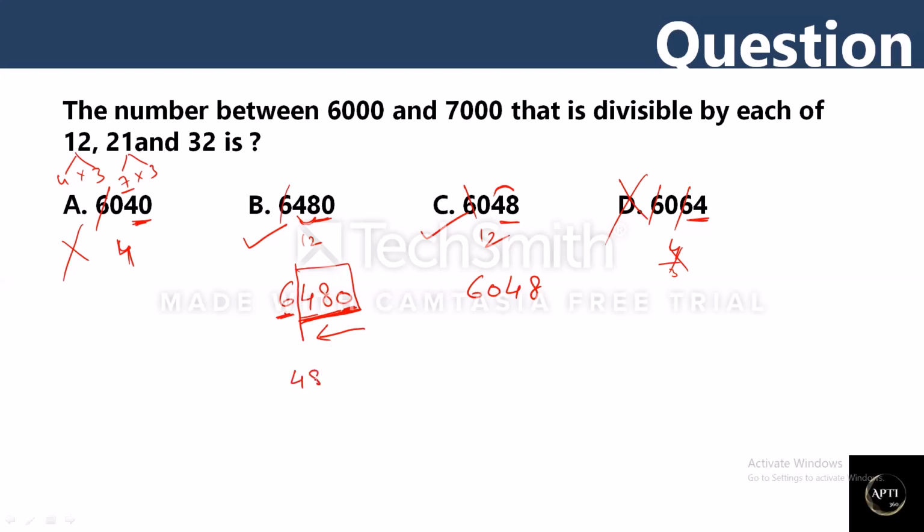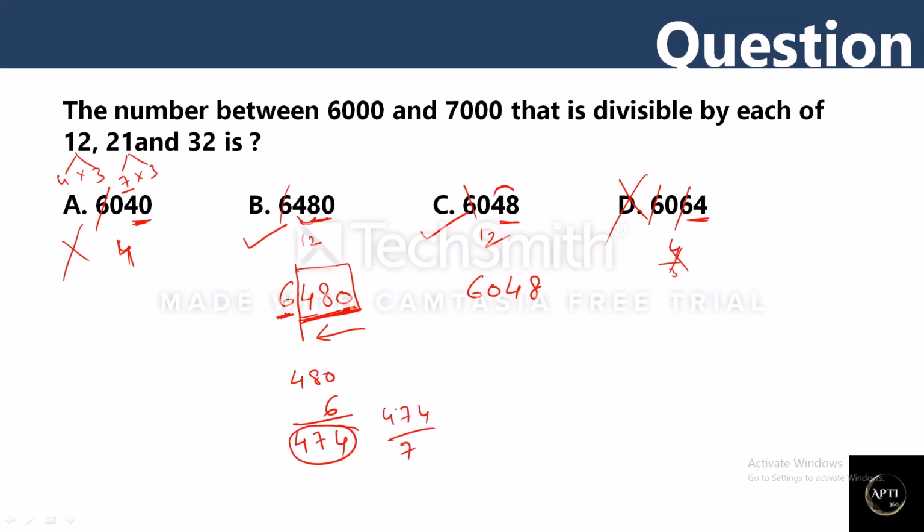So write the 3 numbers from the right side, 480, and subtract the remaining set, 6. So 480 minus 6 is 474. Now we need to check whether 474 is divisible by 7 or not.